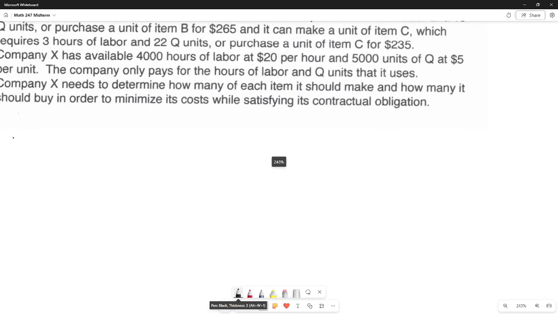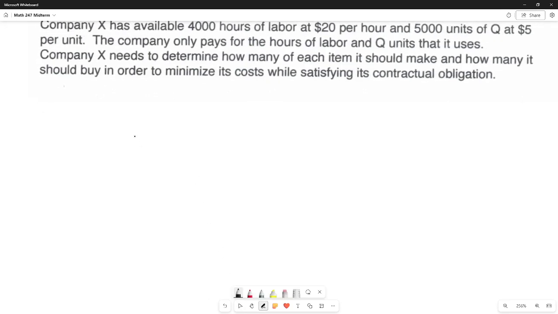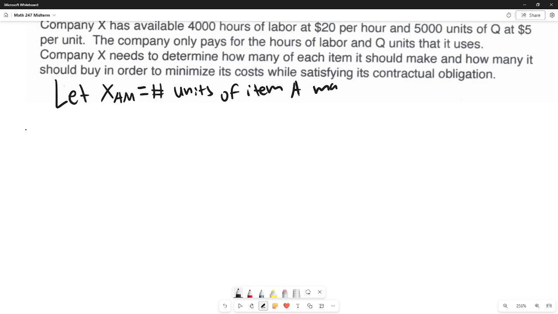We can label them such that we let XAM, because unit A made, equal the number of units of item A made.